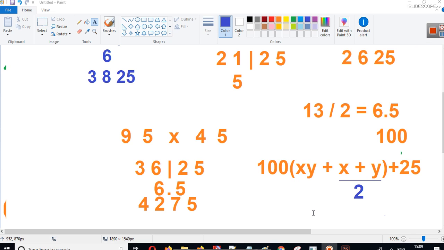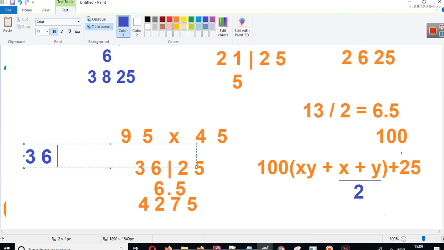This actually comes from this equation: 100 times xy plus x plus y by 2 plus 25. So x into y is 36, so it becomes 3600. Then x plus y by 2 is 6.5, and 6.5 into 100 is 650.